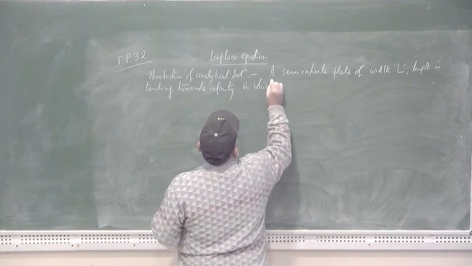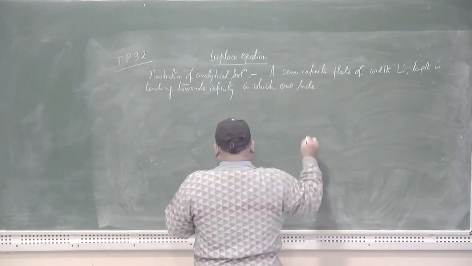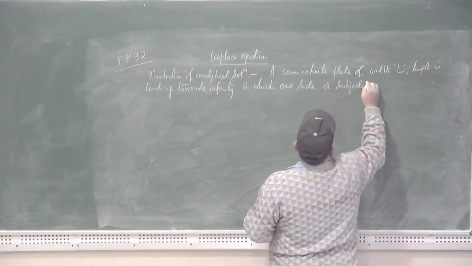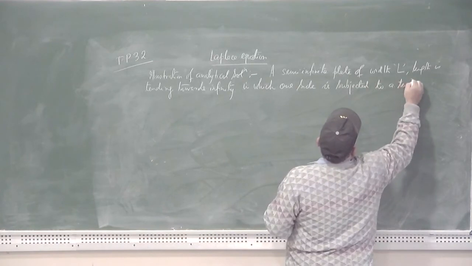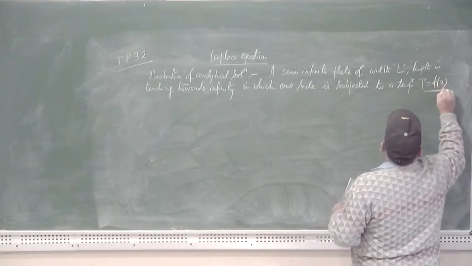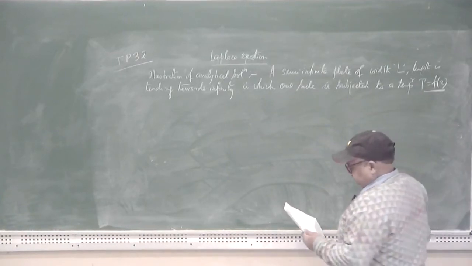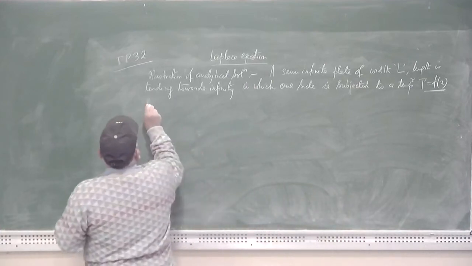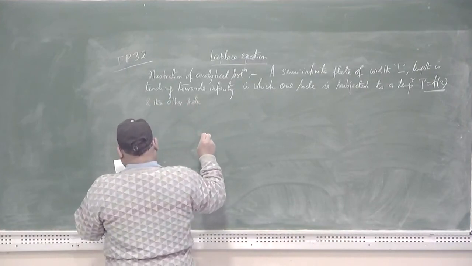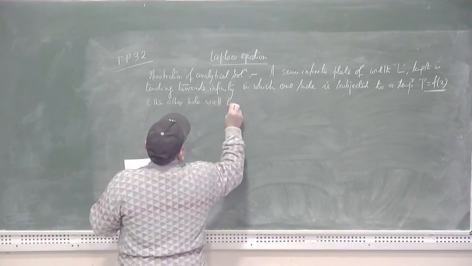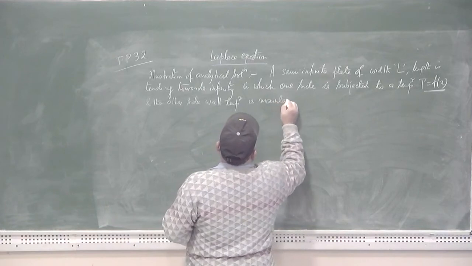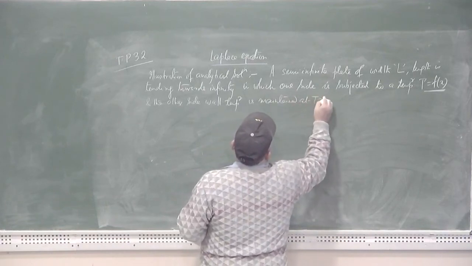In which one side is subjected to a temperature T that is a function of x, that is, the temperature distribution will be given along the x direction, and the other sides' wall temperature is maintained at T equal to 0.